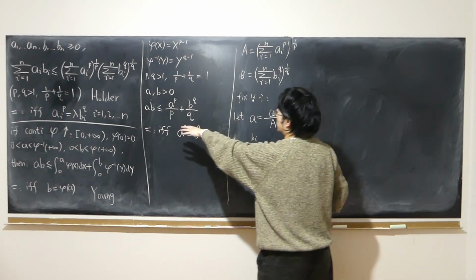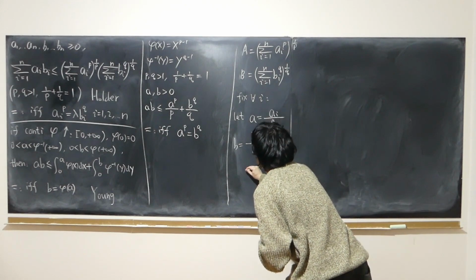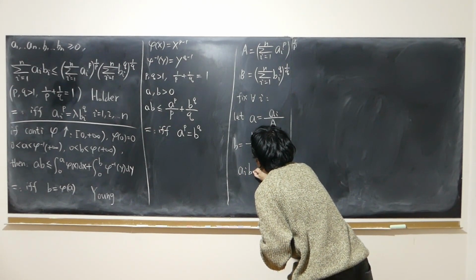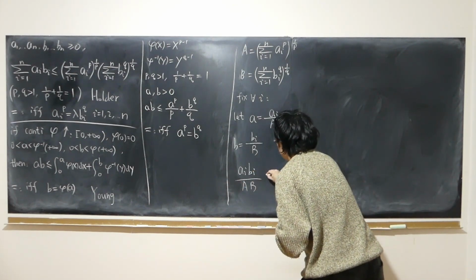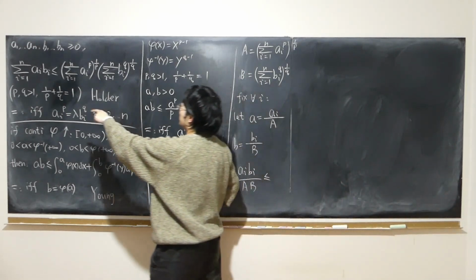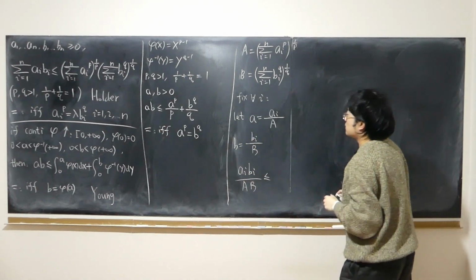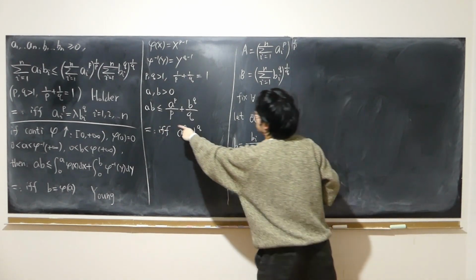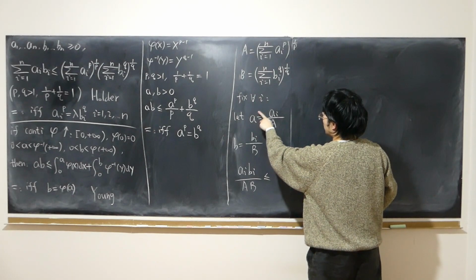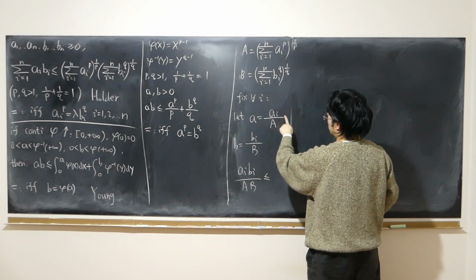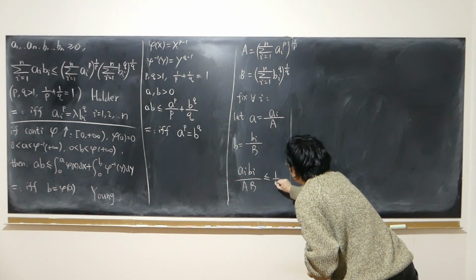So according to the fact we established, right, a times b, that is a_i, b_i, right, over A times B. We're getting very close to this result, right? a_i, b_i, right? But we're still missing something, right? So it is less than or equal to this, right? So a to the power of p over p. What is a to the power of p? A to the power of p is this one, this guy to the power of p, right? So I have 1 over p, right?